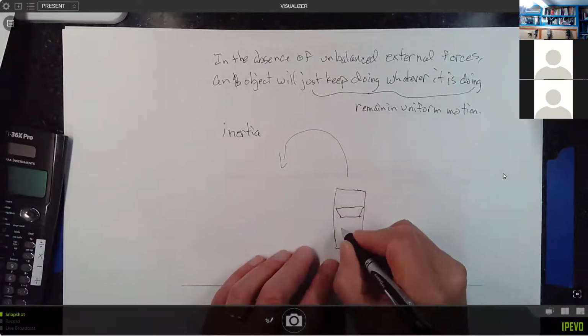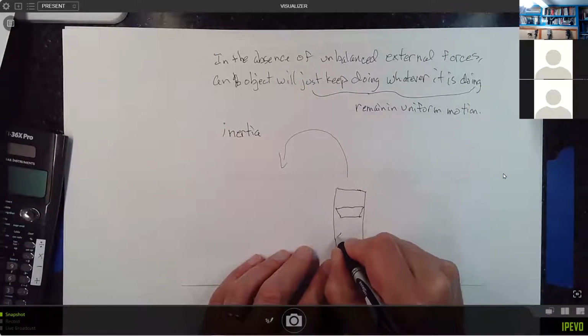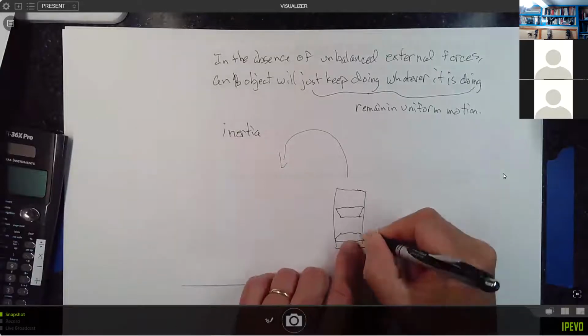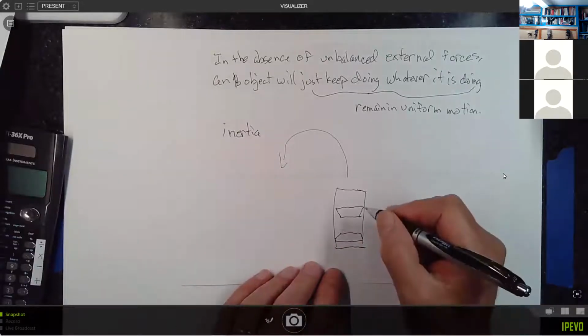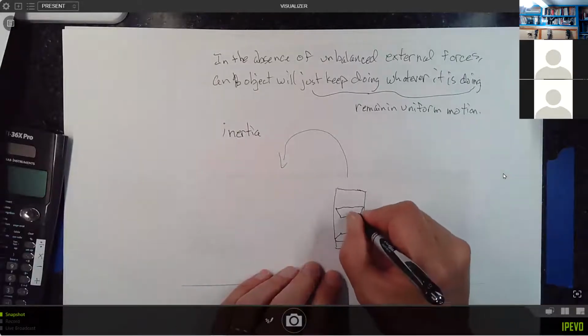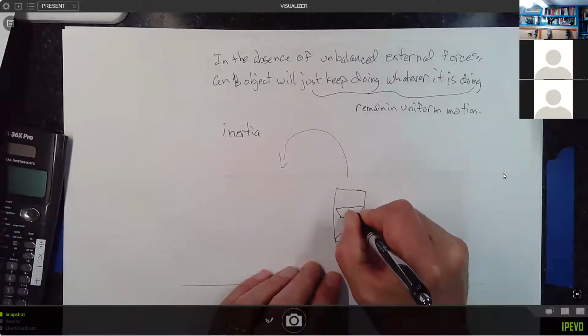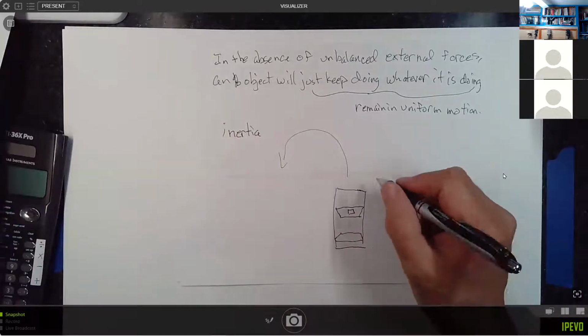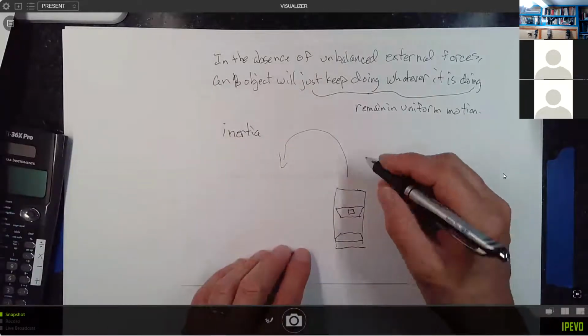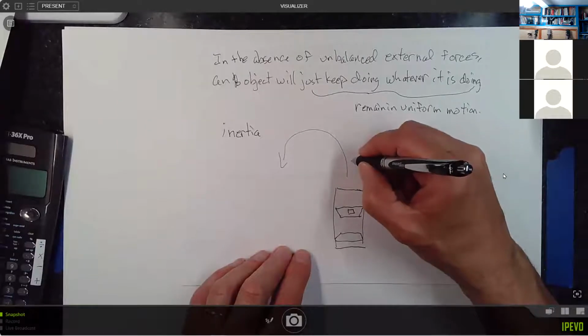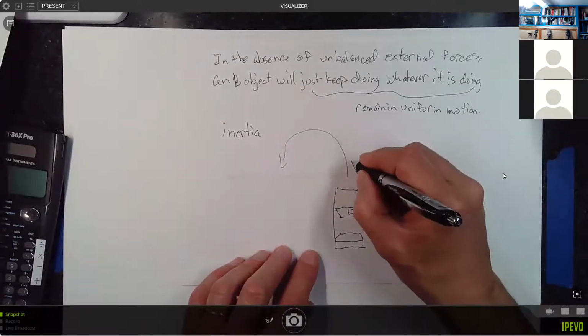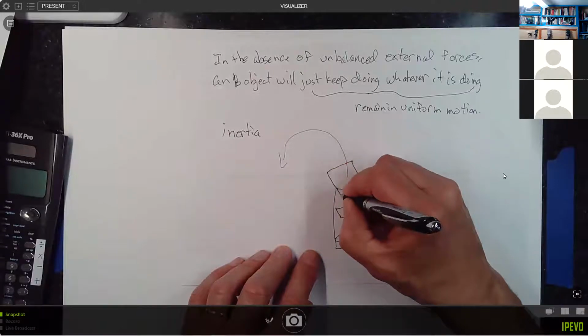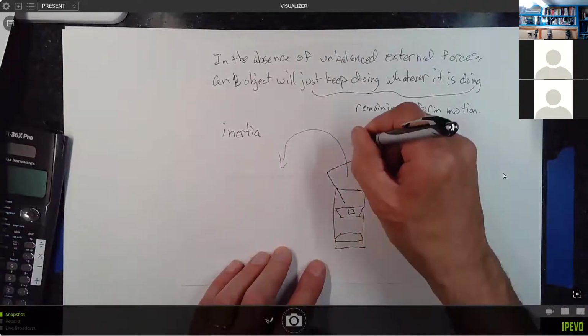This is looking down from above on your car. Here's your back window, there's your front window. And sitting on your dashboard is something that's a little bit slick, like maybe a sunglasses case. And you start to make the turn, and the front of your car, now your car isn't at rest, it's moving along here.